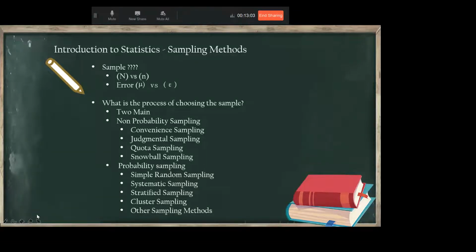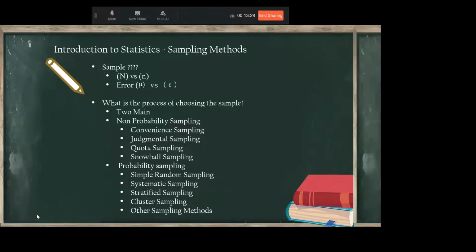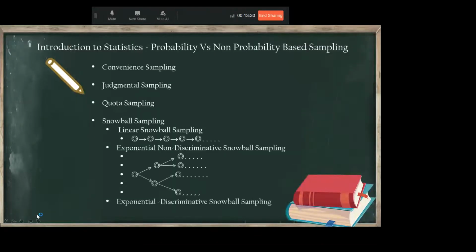Mostly, it depends on your hypothesis, what you want to do, what your analysis is going to be. So it all depends on that, what kind of sampling method you should choose. Second, the theory and the literature will tell you that in this kind of example, you should choose this kind of sampling. So we discussed these things.